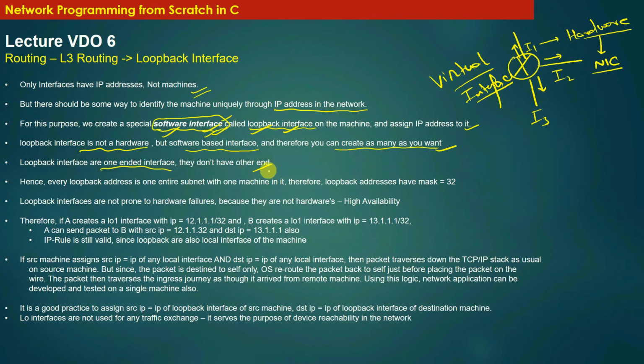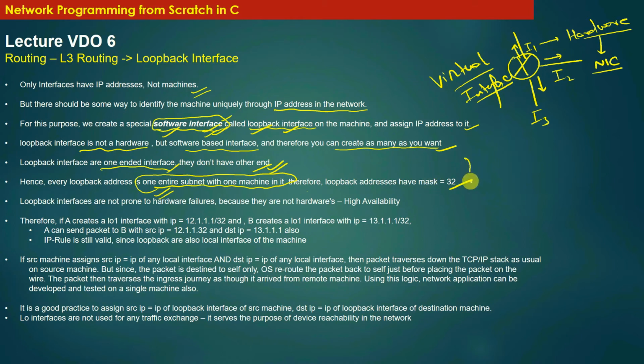We will elaborate more on this later. For now, just keep in mind that loopback interfaces are one-ended. These interfaces do not have the other end. Hence, every loopback interface is one entire subnet with one machine in it. Therefore, loopback addresses have mask 32.